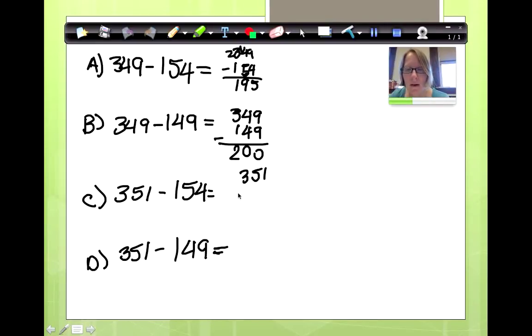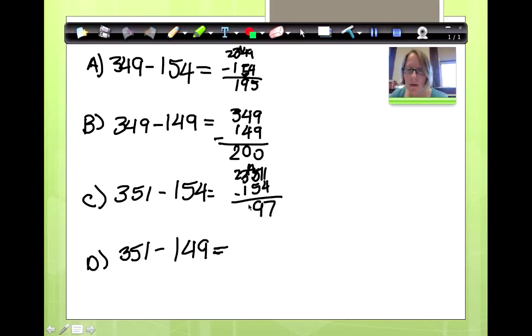I already have to regroup. So this is now a 4. This is an 11. 11 take away 4 is 7. Now I have 4 take away 5. I can't do that. I need to regroup. But now I have 14 take away 5, which is 9. 200 take away 100 is 100.